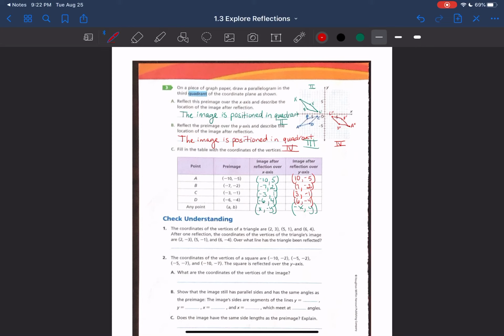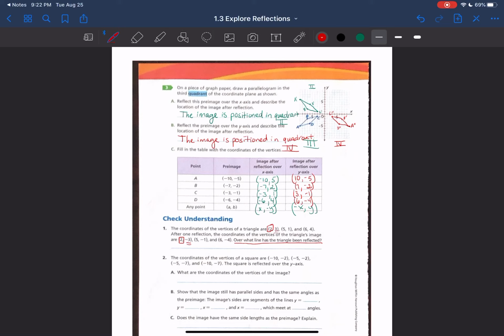All right. Now for our check understanding, we are going to look at the 2 sets of quadrants and determine what line the triangle has been reflected over. So this is what we're trying to figure out. Which line has it been reflected? If we notice, the x values stay the same. It is the y values that are changing.